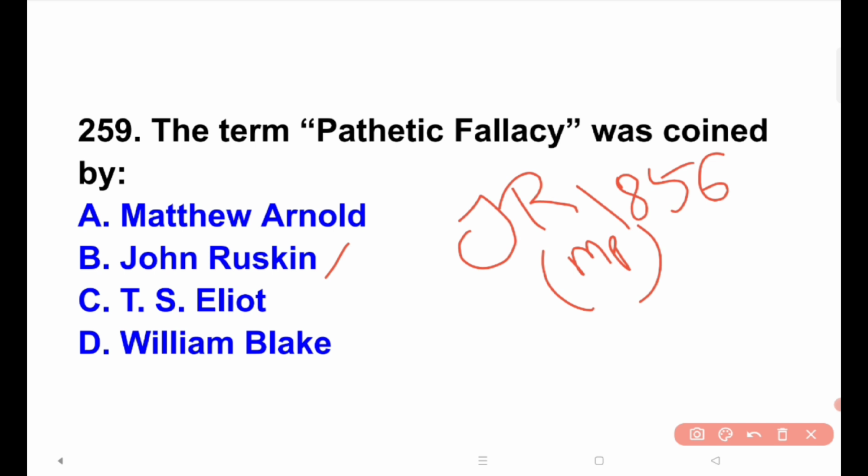Ruskin introduced the pathetic fallacy in his work Modern Painters to describe attributing human feelings to nature. Others: T.S. Eliot, later modernist poet and critic; Matthew Arnold; William Blake, romantic poet.